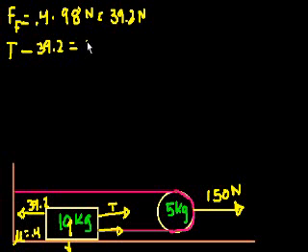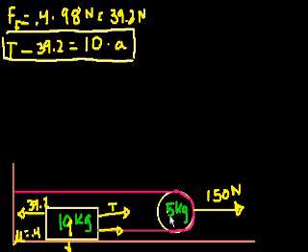So what's its mass? It's 10. And if we knew the acceleration, we wouldn't have to do this problem. So we don't know what it is, so let's just say it's A. So T minus 39.2 equals 10 times A. These are the net forces acting on this mass, and we don't know what A is. So let's put that aside a little bit. Maybe I'll put a little square around it.